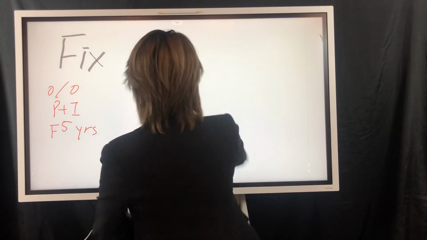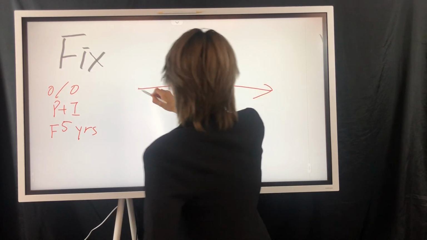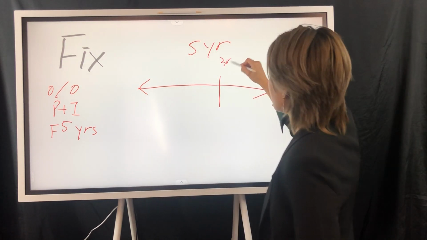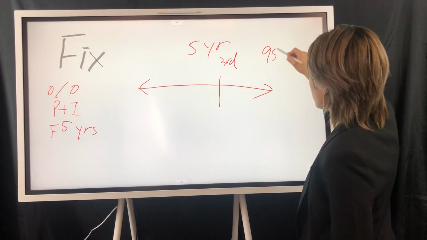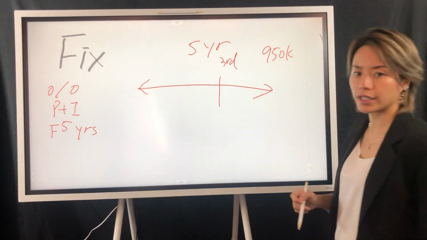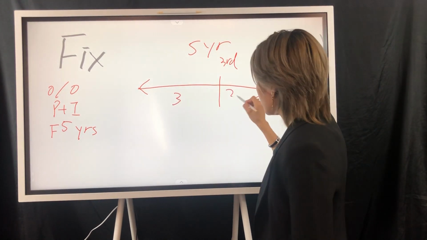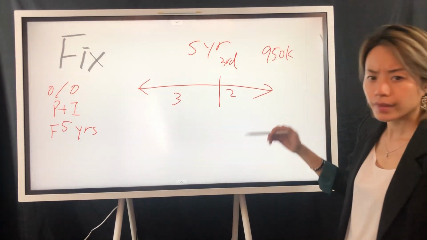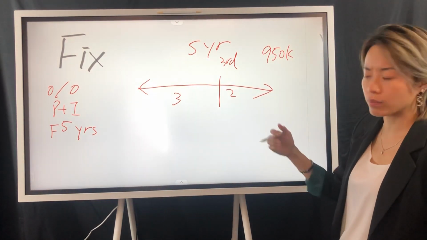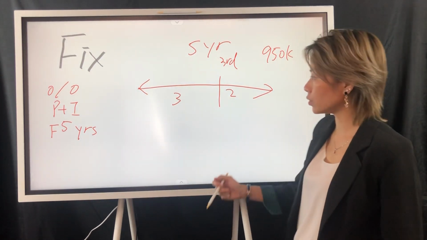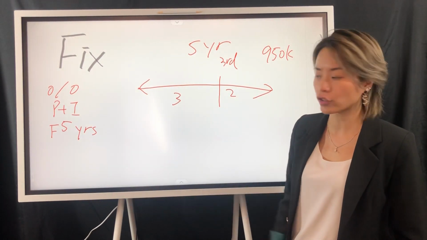Within the fixed term of 5 years, you finish the 3rd year. At that time, outstanding is 950K. And 3 years here, 2 years here. Now you want to break it. It doesn't matter whatever reason, you refinance or you just want to get a better rate or you prefer variable because you got extra funds.